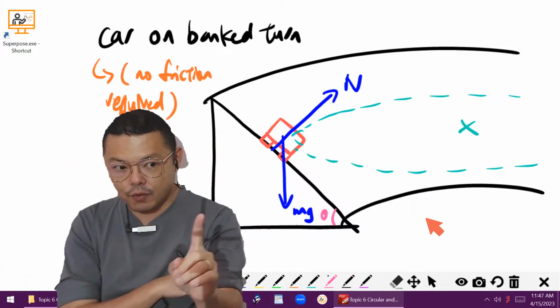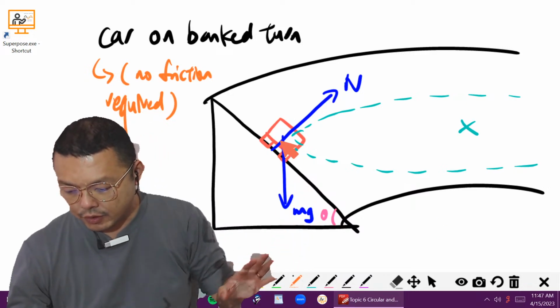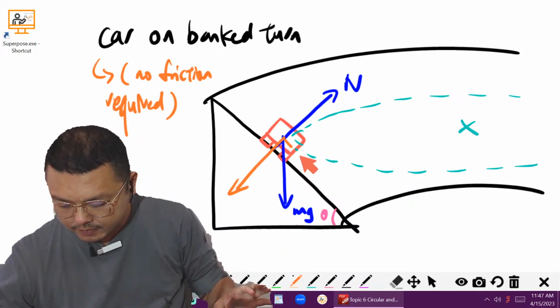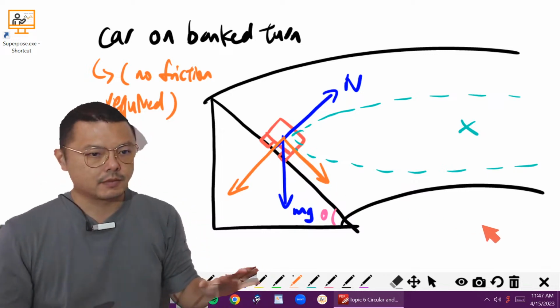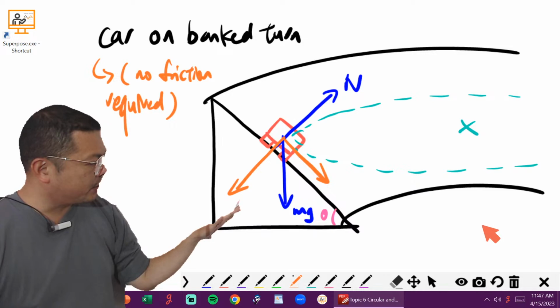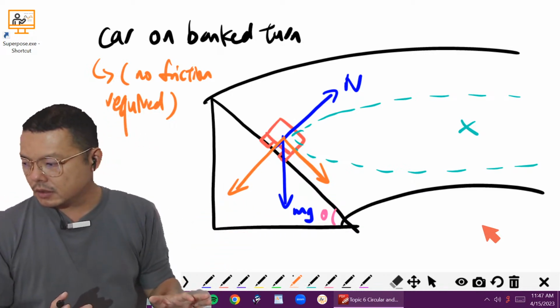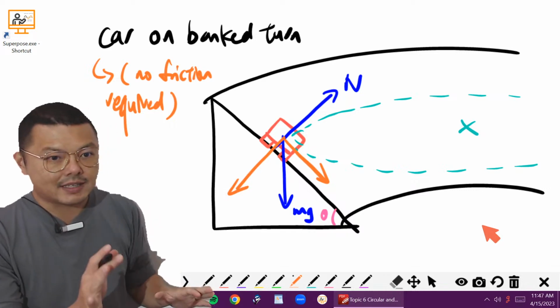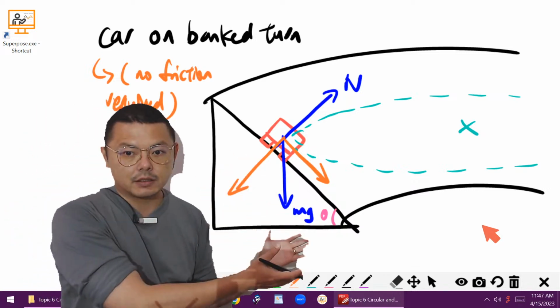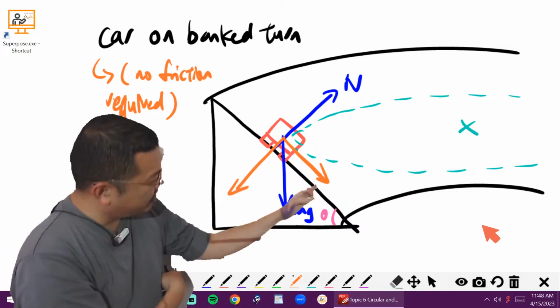What happens if you resolve weight by accident? I'm going to draw this. What happens if you resolve weight? It means you resolve the mg cosine theta and mg sine theta. What will happen? It doesn't point to the center. You're just making it very complicated, because then you need to go and find some of the horizontal component of this thing.